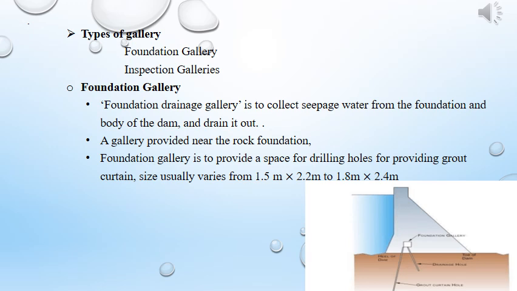These foundation galleries provide space for drilling holes and for providing the grout curtain, and the size is 1.5 meters by 2.2 meters or 1.8 meters by 2.4 meters. Here 1.5 or 1.8 is the width, and 2.2 or 2.4 is taken as the height of the foundation gallery.